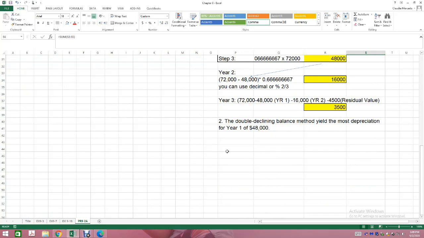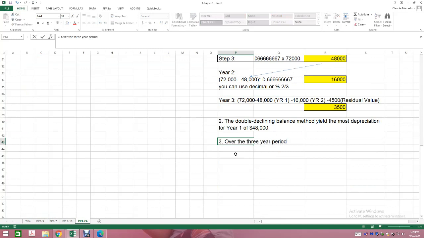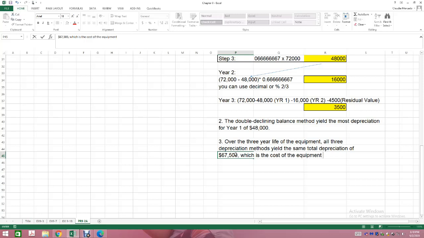Okay? So, for number 3. Over the 3-year life of the equipment, all 3 depreciation methods yield the same total depreciation of $67,500, which is the cost of the equipment of $72,000 less the residual value of $4,500.